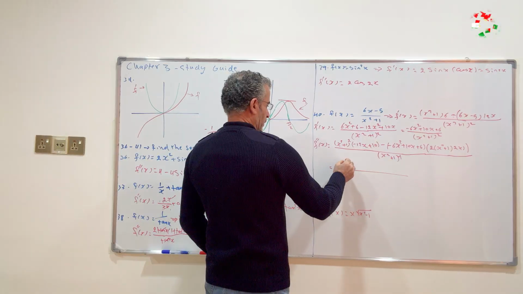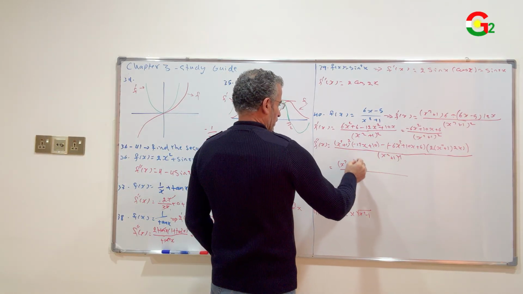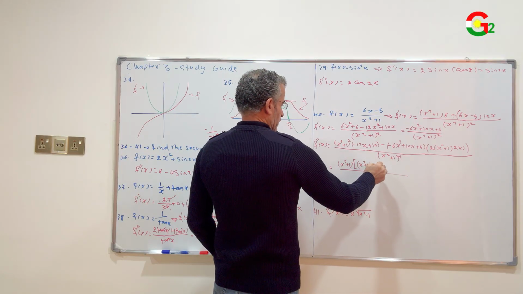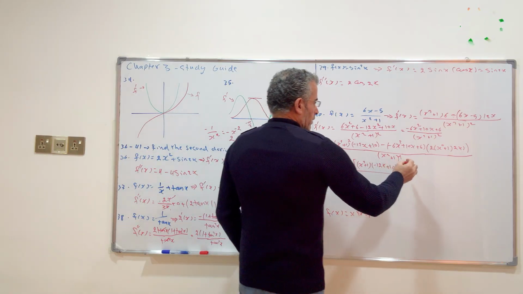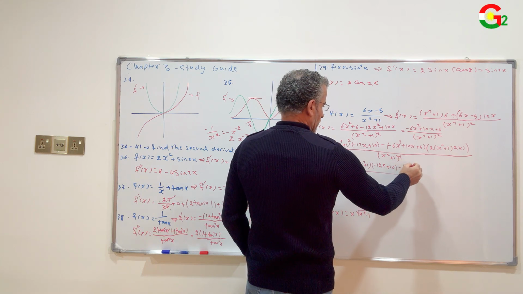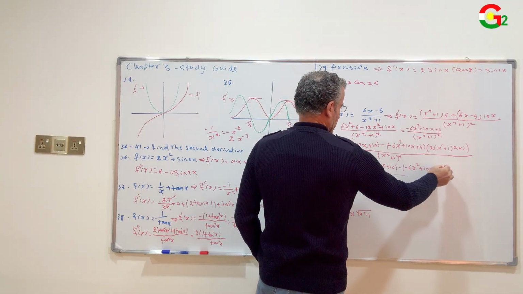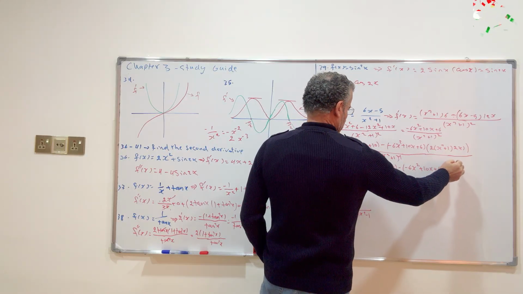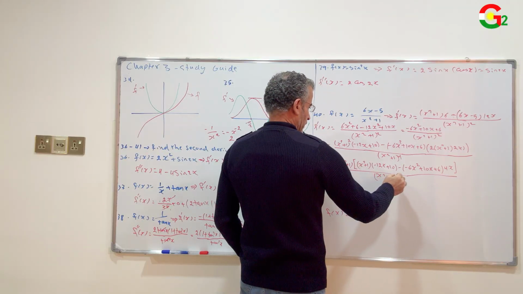Factorize by x power 2 plus 1 for the two terms in the numerator, then x power 2 plus 1 times negative 12x plus 10 minus negative 6x power 2 plus 10x plus 6 times 4x, over x power 2 plus 1 power 4.